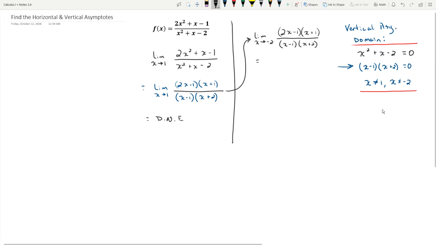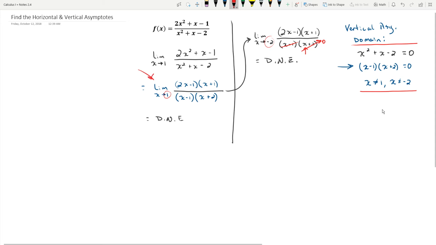Again, we find that the limit does not exist. If you're not seeing that, we can use our direct substitution property that states that we can plug in the values that x is approaching. When we do that, we find that -2 here creates 0, and 0 times that other product gives us division by 0.